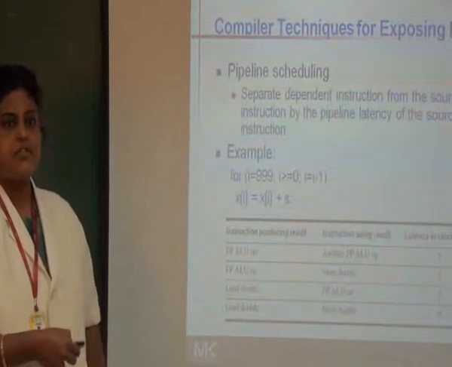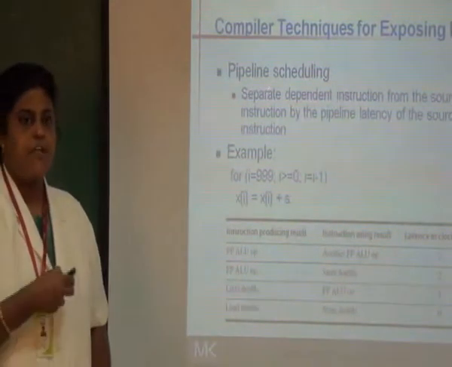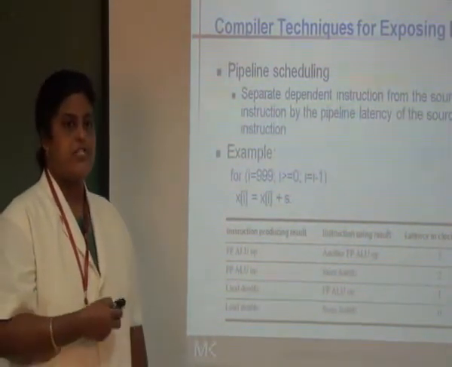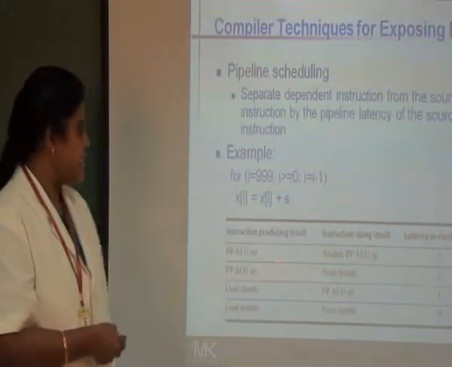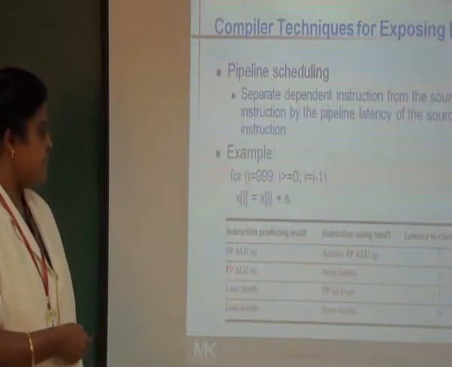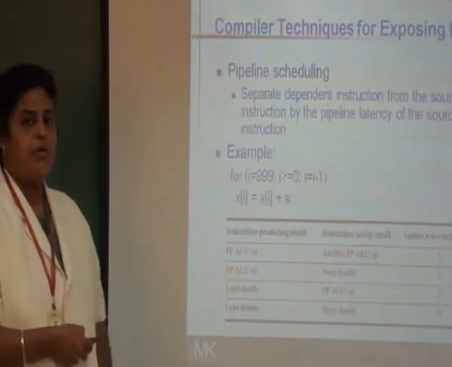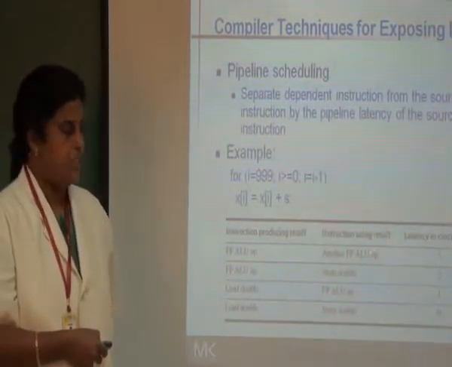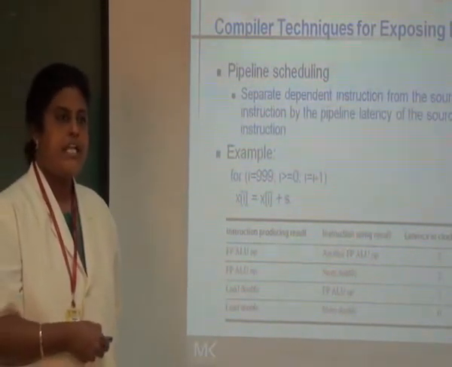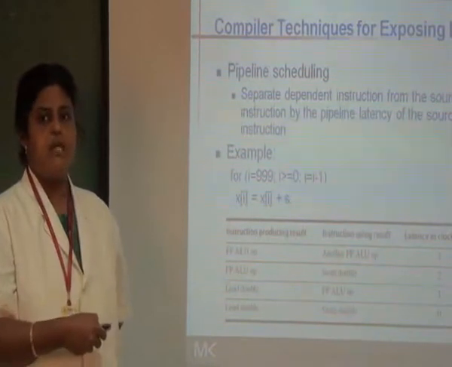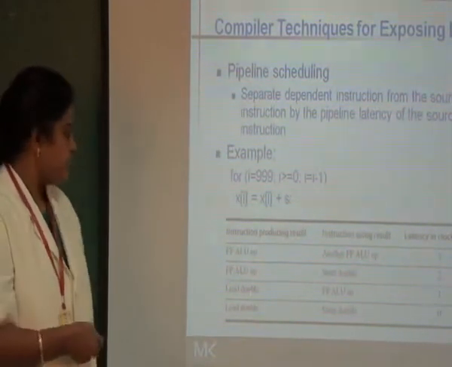The latency is going to be 3 clock cycles if the source and the dependent instructions, both of them, are floating point ALU operations. In the second example, if a floating point ALU operation is taken as a source instruction and the dependent instruction is a store double operation, in that case the distance between both of them is equal to 2 clock cycles.